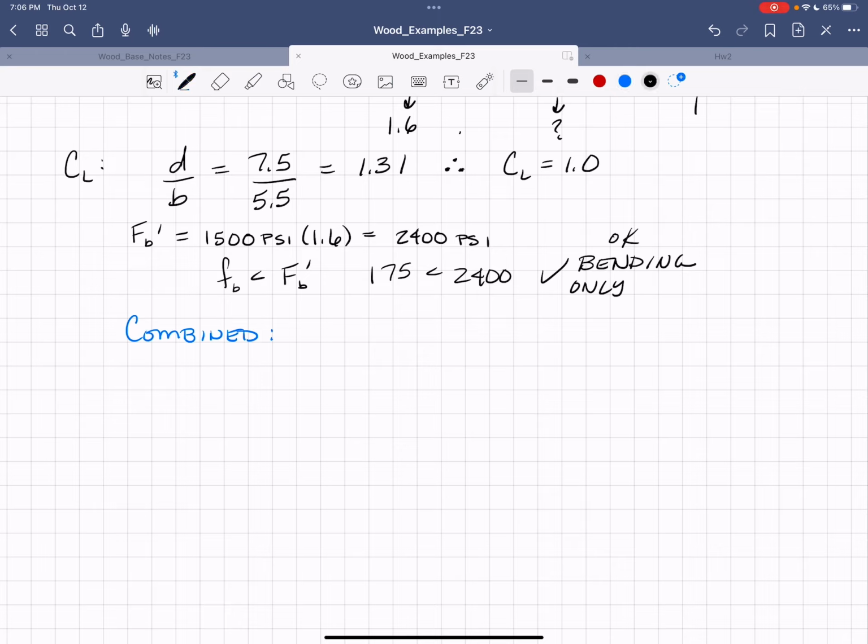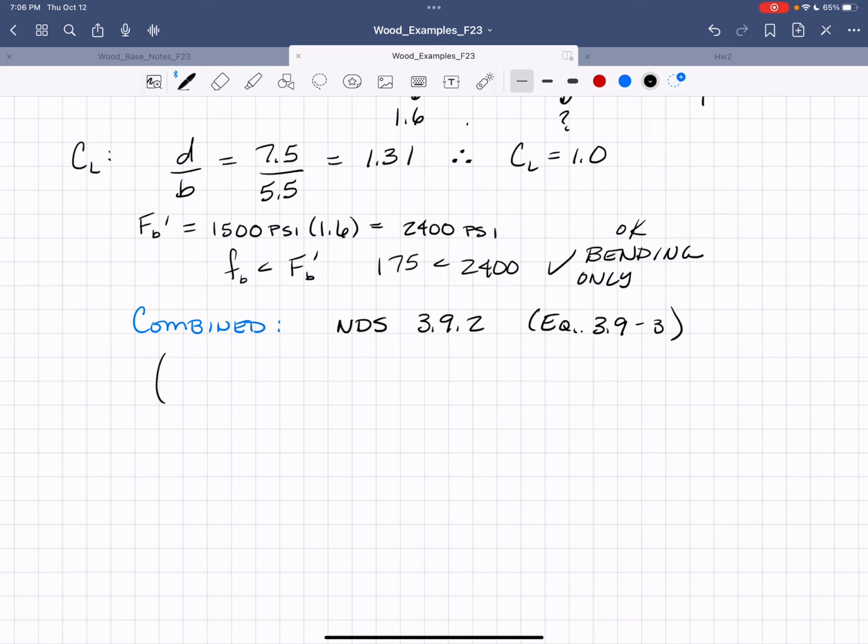Since this is the new section here, in the NDS, 3.9.2, it's equation 3.9-3. And that equation, I'll write the full thing out this time, is little f sub c over big F sub c prime, that quantity squared, plus f sub b1, where strong axis is 1 and weak axis is 2, over F sub b1 prime.